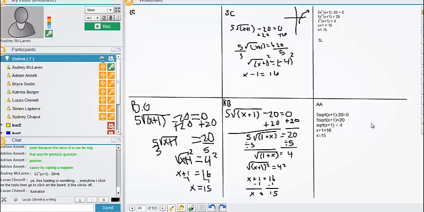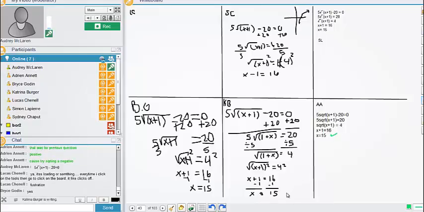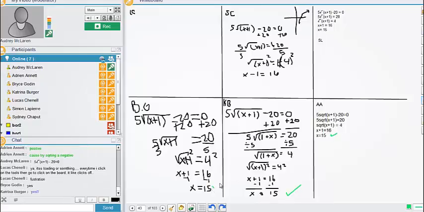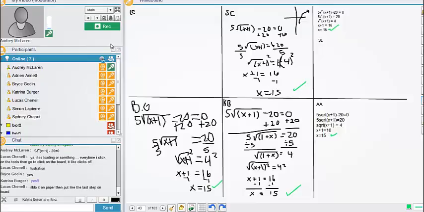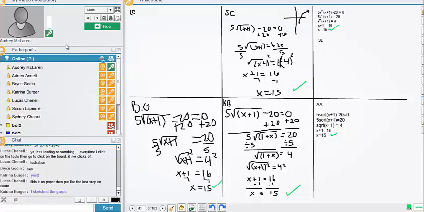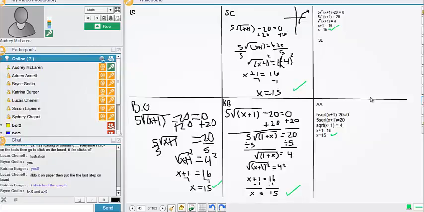All right, so once again, I see the same answer coming up. Are you guys sure there was an answer this time? You sure about that? You are? And how come? How are you so sure? How do you know? Okay, Lucas. Oh, nice. You sketched the graph. Excellent. Nice, Bryce.